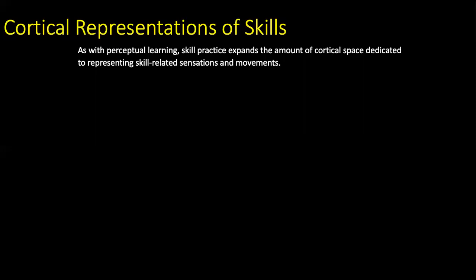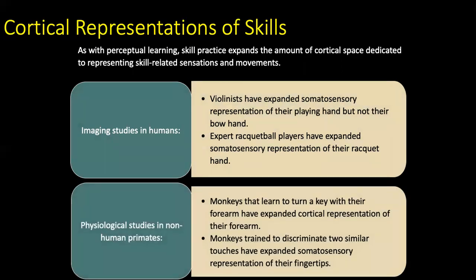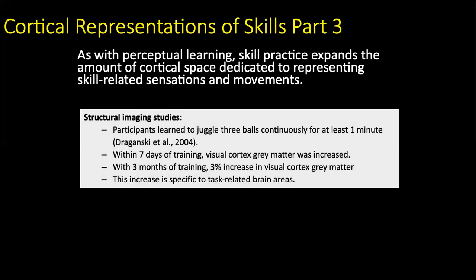And so just briefly, I want to mention that we see these increases in the areas that are expected, right? So this goes back to a quiz question that we talked about. Violinists, for example, have larger representation of their dominant playing hand in their somatosensory cortex, right? Pretty cool. Racquetball players, again, dominant hand, not the hand they don't use, but the hand they do use, right? And we can see this in non-human primates as well, which is pretty cool. And there's a really cool study.